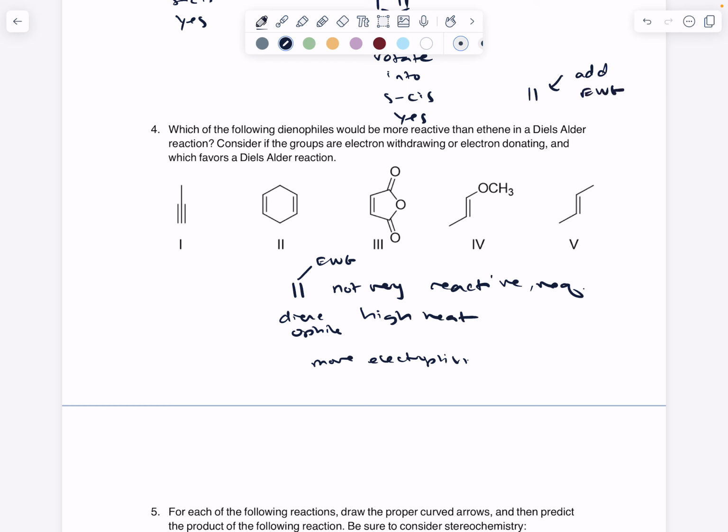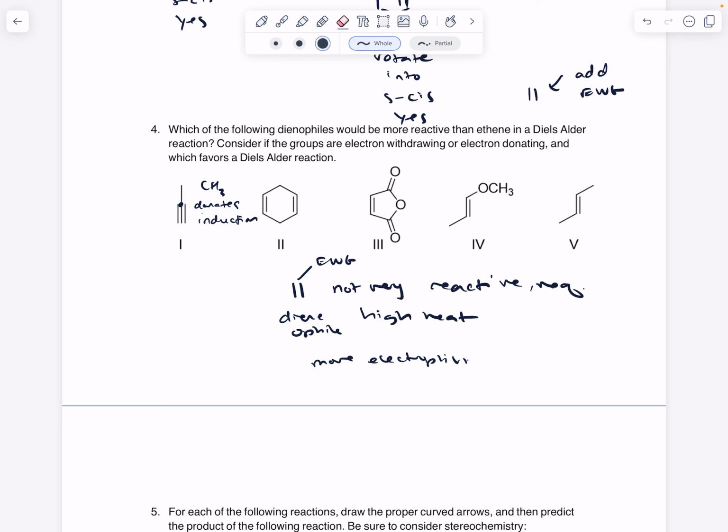And electron withdrawing groups are going to be things that take electrons away. Now, I look at this first one, and immediately we have a CH3 group, which donates electrons, and it does that through induction. It's the same reason a methyl group makes a positive charge more stable, like a carbocation is more stable on a tertiary than a primary, because it's donating electron density through induction.